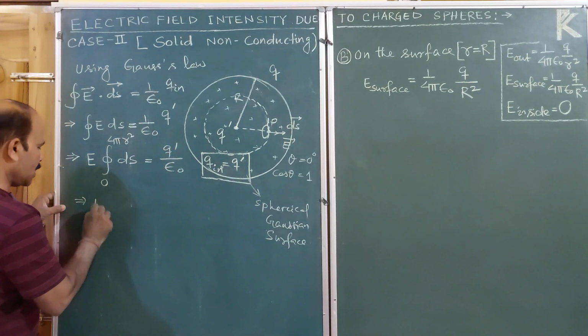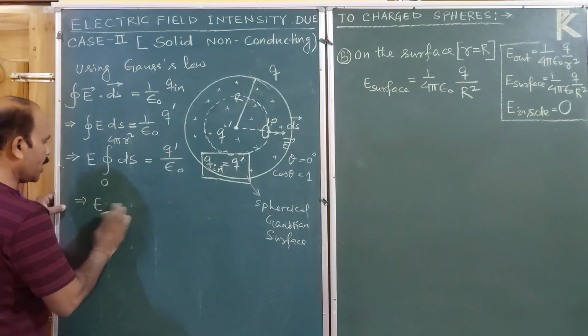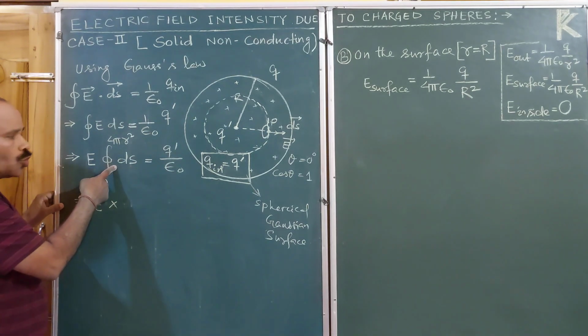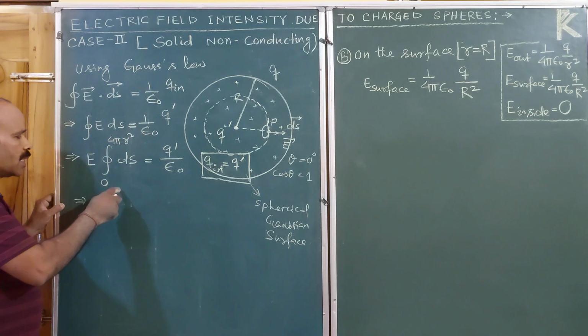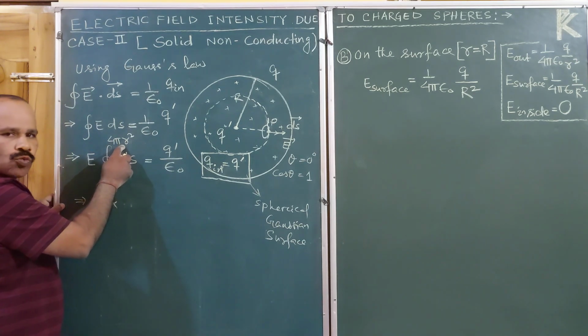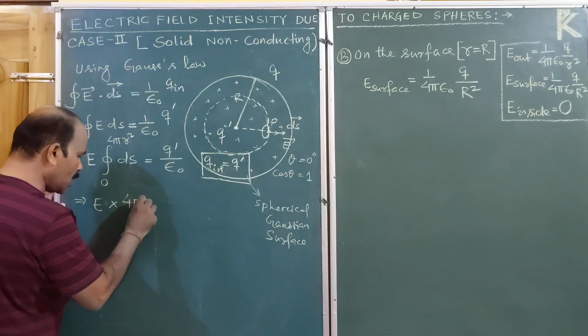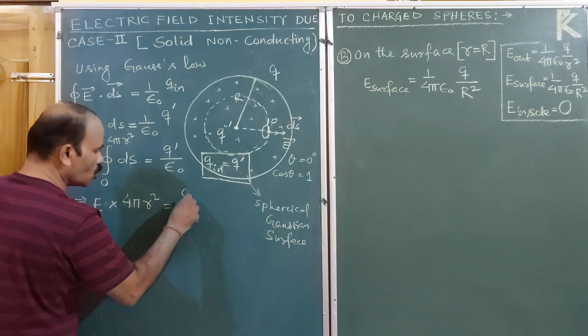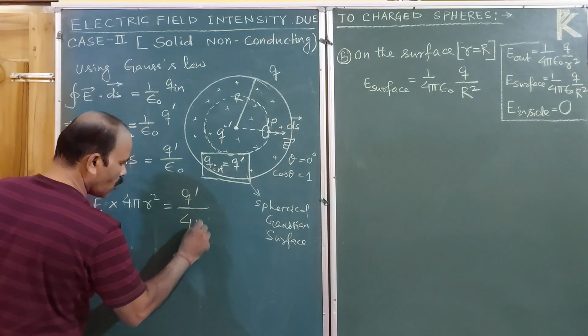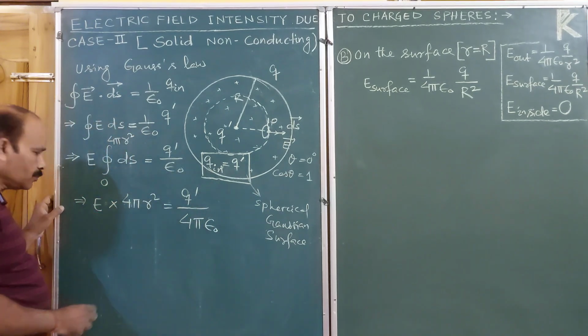So this implies E multiplied by, directly we can substitute, ds का integration S, limiting value from 0 to 4 pi r square. So 4 pi r square minus 0, it is 4 pi r square, is equal to q prime divided by 4 pi epsilon naught.